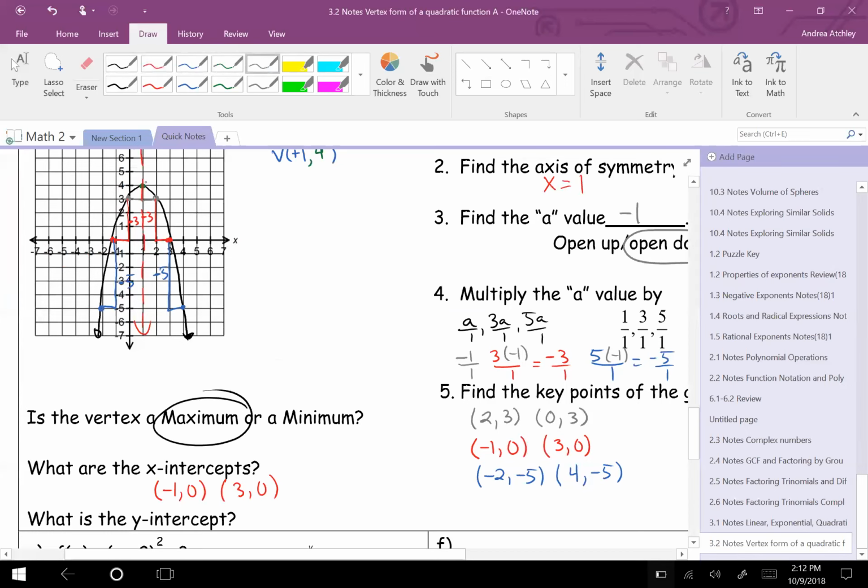And then it crossed the y-axis. Here's the y. So the y-intercept is at 0 for x and 3 for y. Any questions? Okay, let's try the next one.